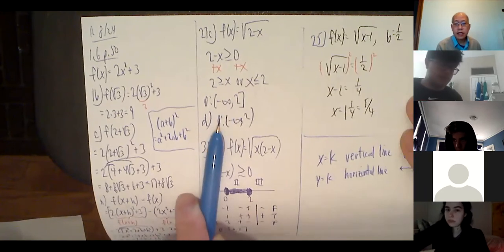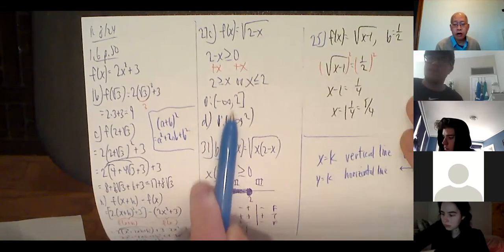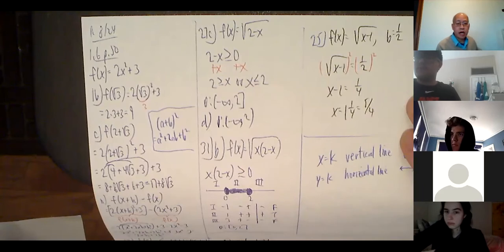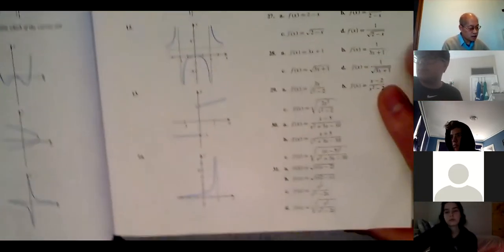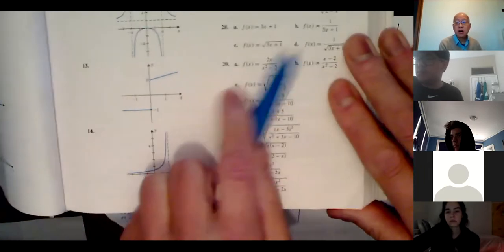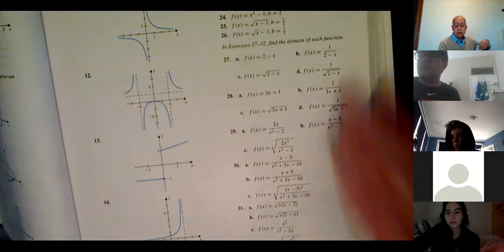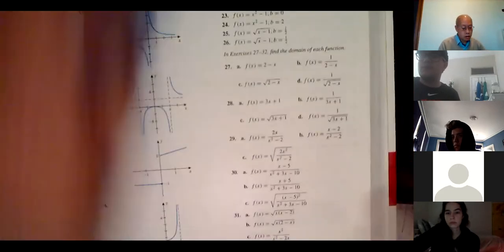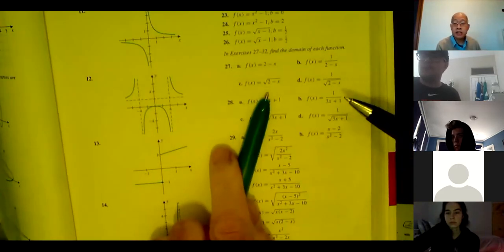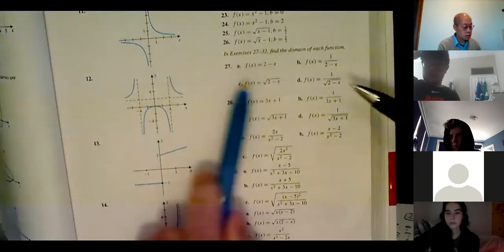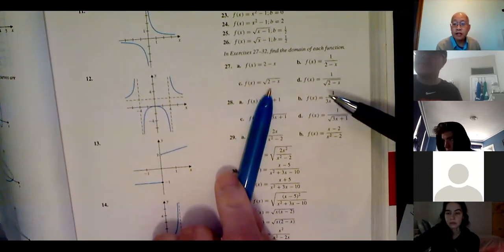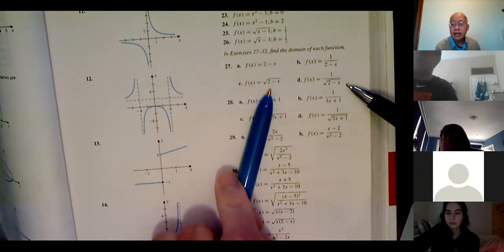Okay, now D, I got the answer right away. It almost looks the same, but let me show you what's happening for D. So 27D. Okay, so I just did C. What's the difference between C and D?